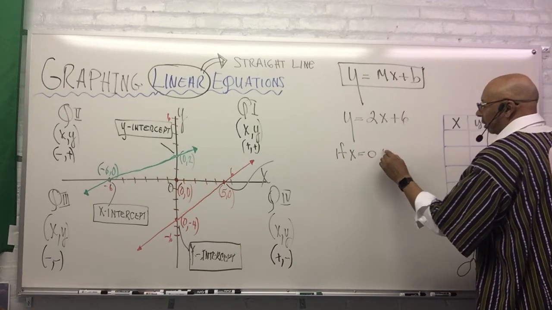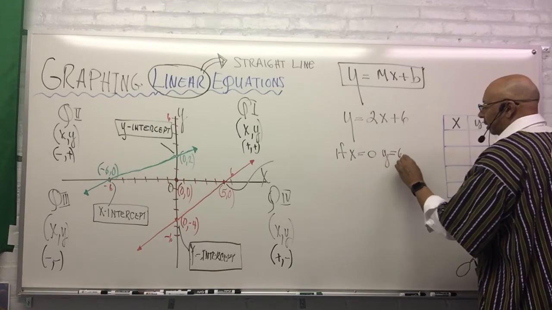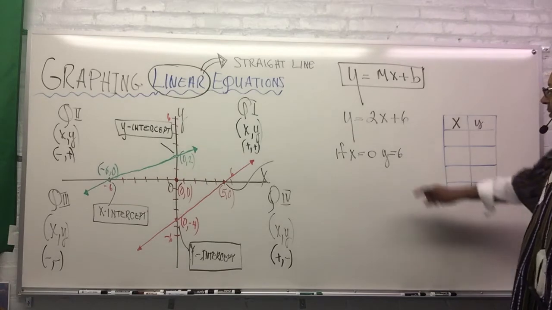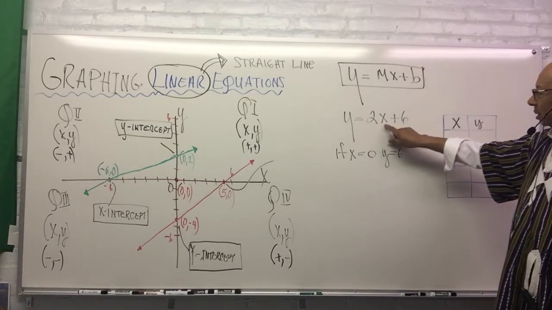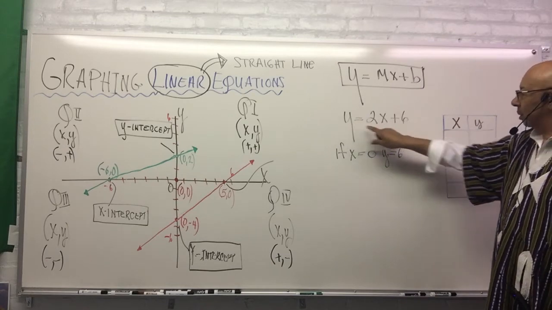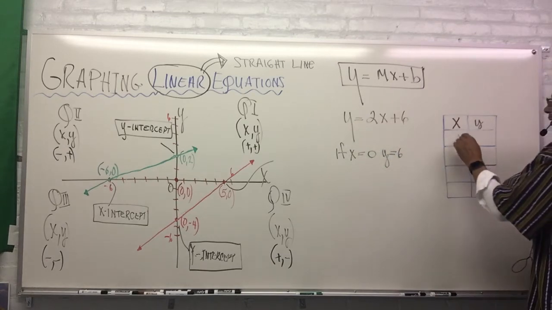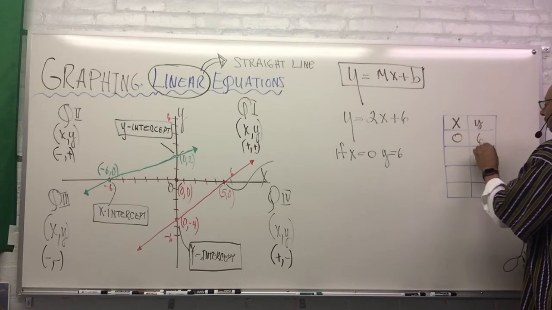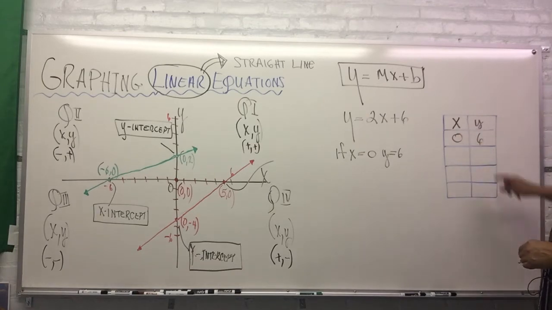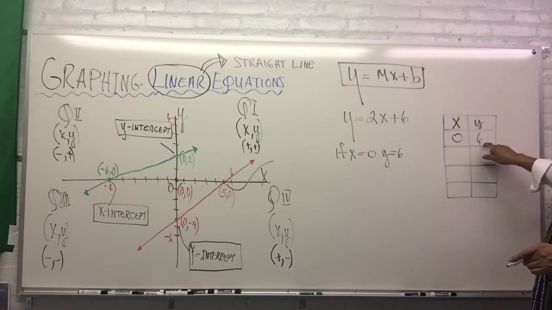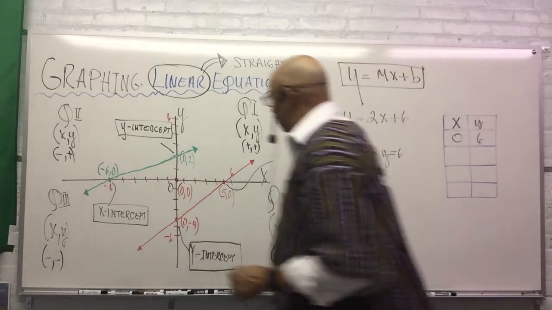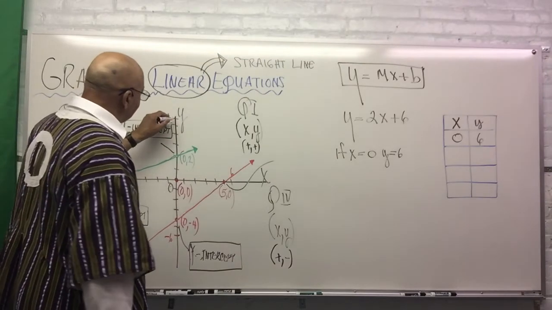If x is 0, y equals 6. So you just put 0 in place of x, and you see 2 times 0 is 0. So the only thing left is y equals 6. So one point you say is 0, 6. That's also the y-intercept, because 0, 6 is this point right here.